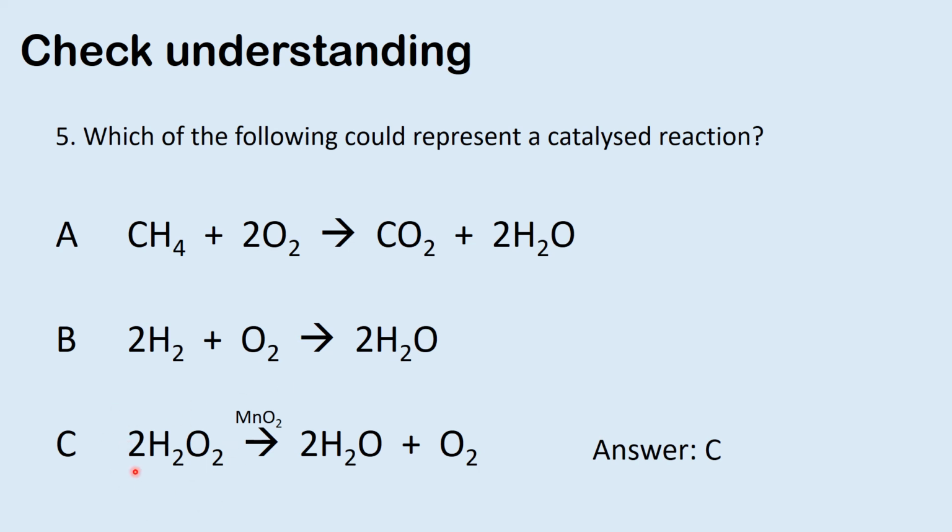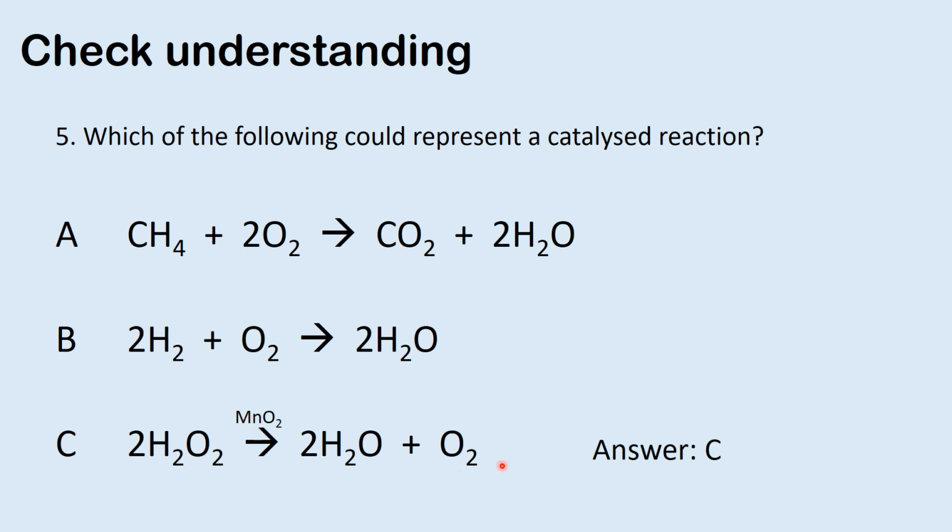Just as a little aside, this substance here, H2O2, is something called hydrogen peroxide, and I would normally be doing this as a practical in your lessons. So hydrogen peroxide decomposes very, very slowly to form water and oxygen. However, if you add this manganese dioxide catalyst, manganese of course is a transition metal, that will speed up that process significantly.